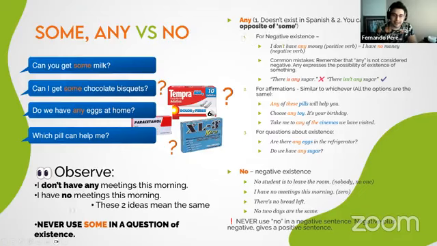So take a note on this observation. I don't have any meetings this morning. I have no meetings this morning. We have the same idea, but never use some in a question of existence. That's the main information. If you use some, it's incorrect.